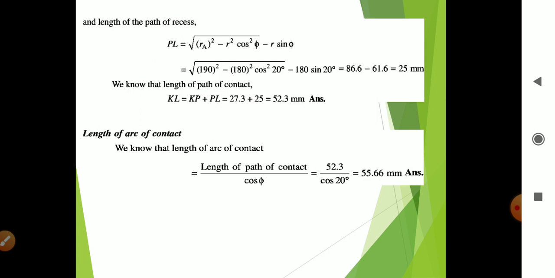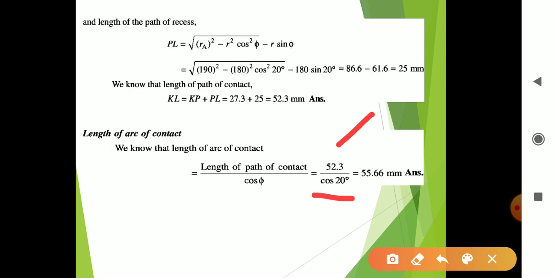In the previous step we already found the length of path of contact, so put that value here: 52.3 divided by cos of phi. The value of phi is 20. If we put the values, we get the length of arc of contact as 55.66 mm. This is the answer.